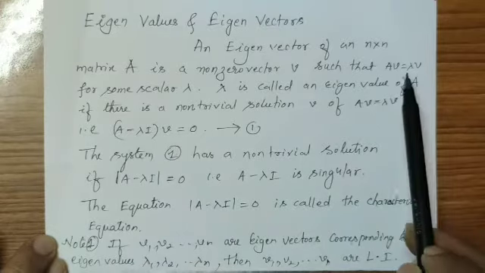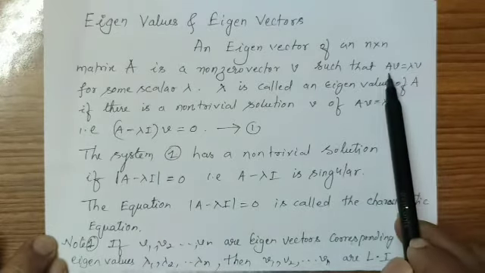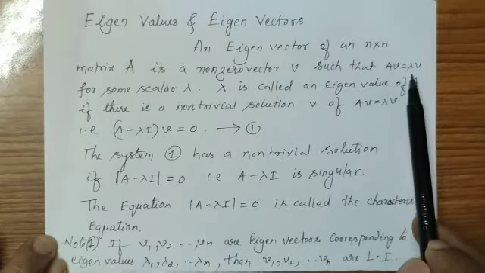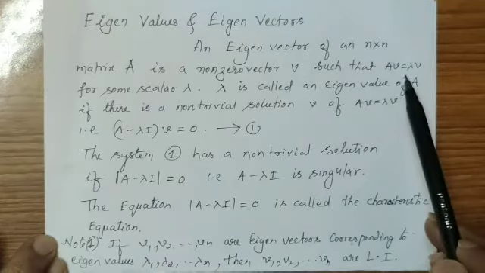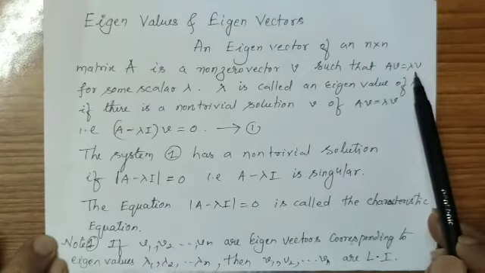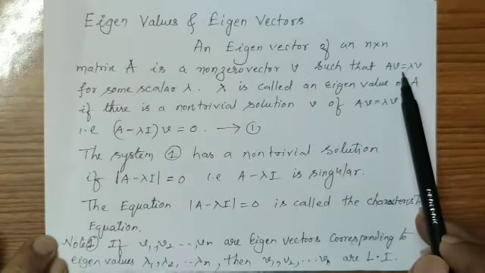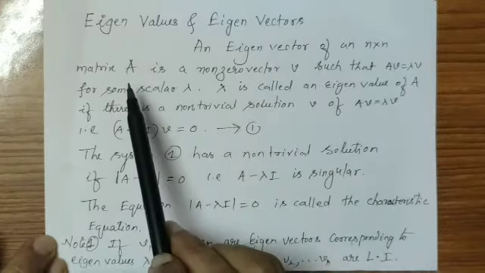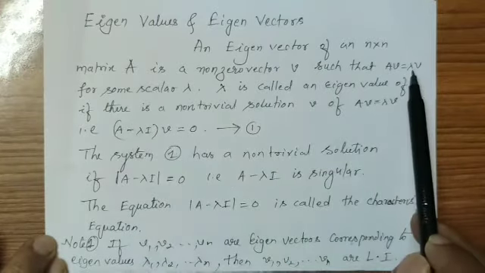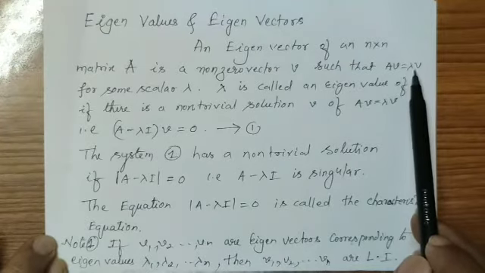Now A times V equal to lambda V means if you transform the vector V, it will not change the direction, but it may change its length. If you have such vectors, then we say that vector is an eigenvector of the matrix A, and the amount by which the length of the vector changes, that is lambda, is called an eigenvalue.